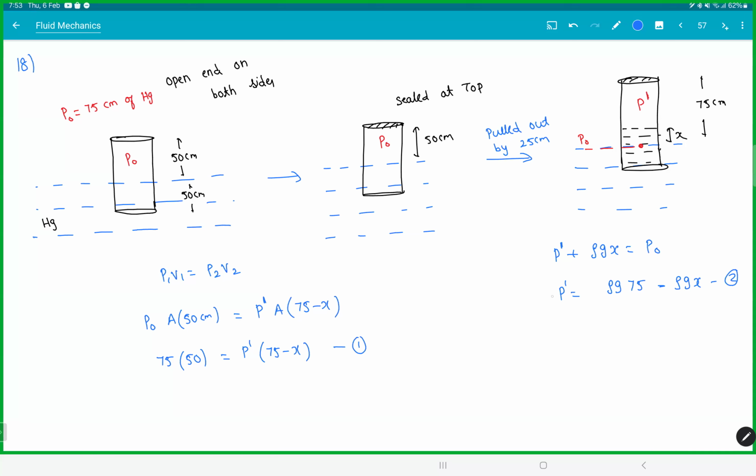This is equation 2. Take this and substitute here. So you'll get 75 into 50 equals rho g 75 times (75 minus x), which is also rho g 75, so (75 minus x) whole squared. You're done. (75 minus x) whole squared is equal to 75 into 50. Solve this, you'll get the answer for x.